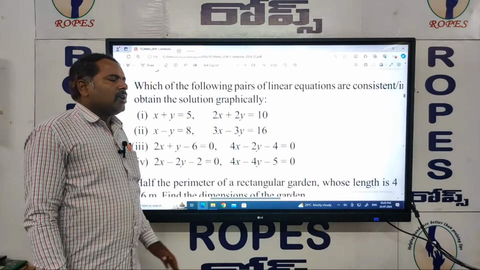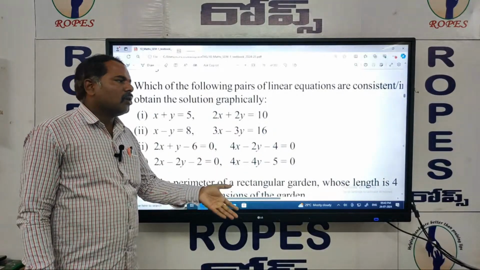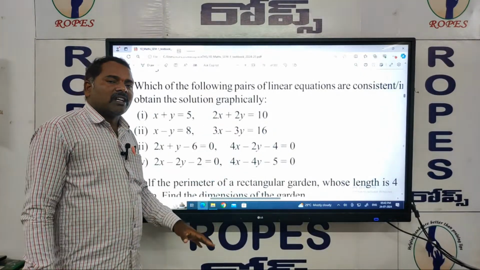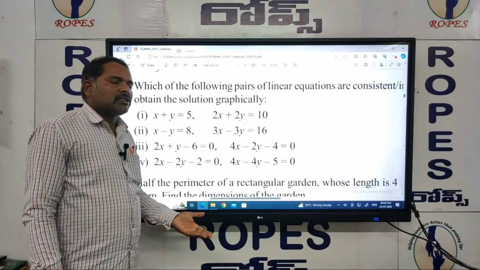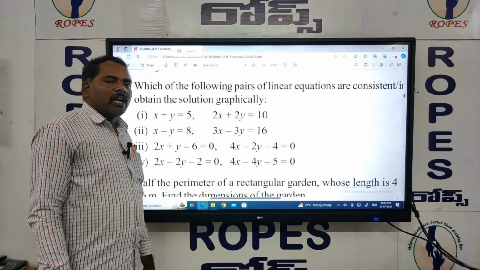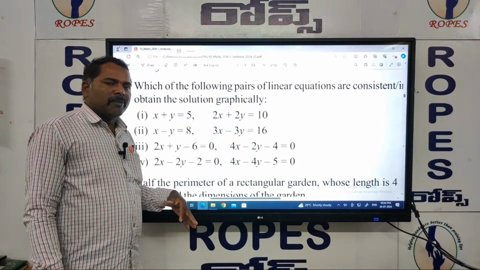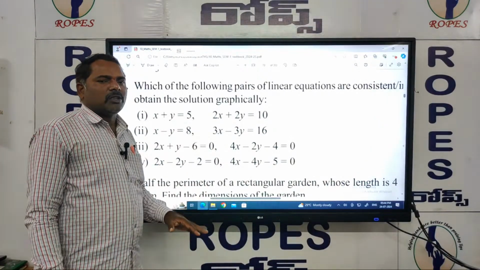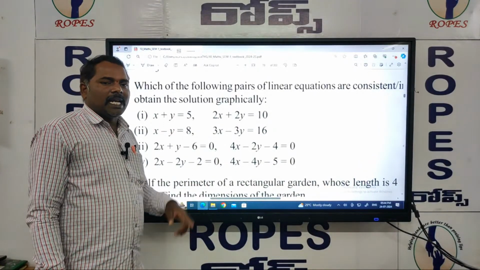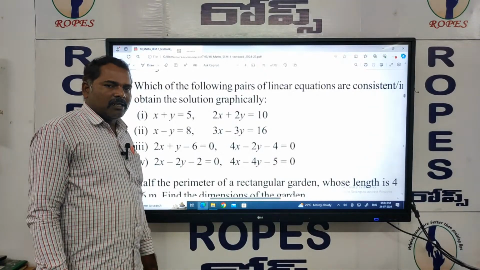If we get A1 by A2 is equal to B1 by B2 is equal to C1 by C2, then the lines are coincident lines. When the lines are coincident lines, then automatically they are consistent lines. And if you get A1 by A2 is not equal to B1 by B2, then the lines are intersecting lines. When the lines are intersecting, they are consistent.